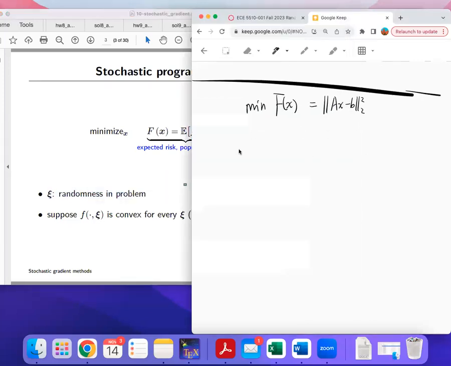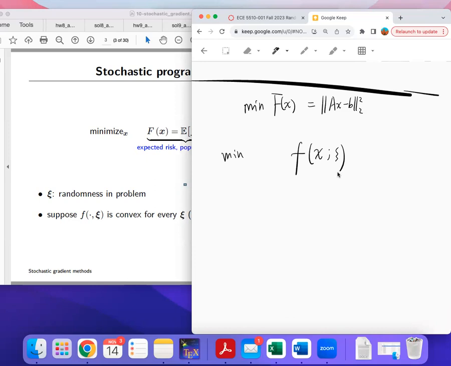More explicitly, we are going to minimize f(x, xi). Given a certain sample xi and a decision variable x, this f function will give us a loss. So the function depends on two things.